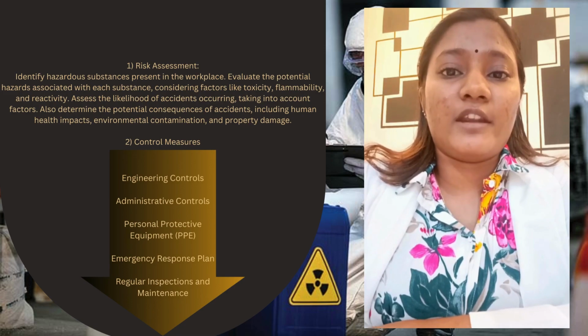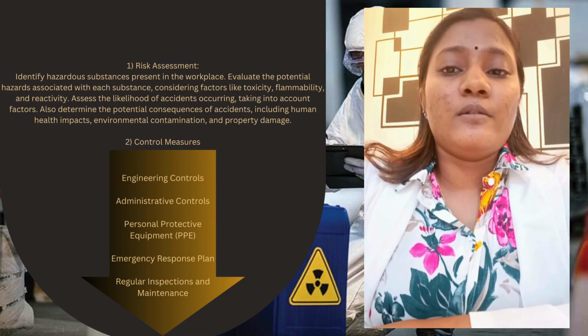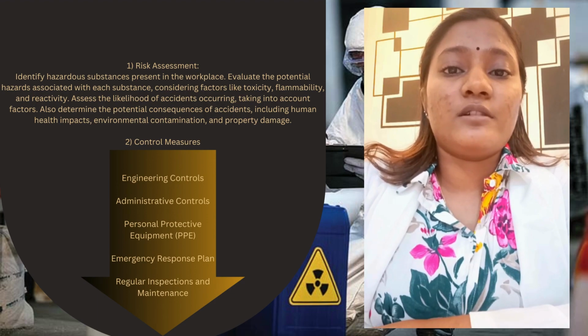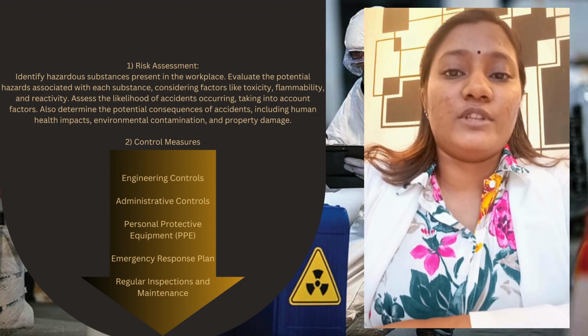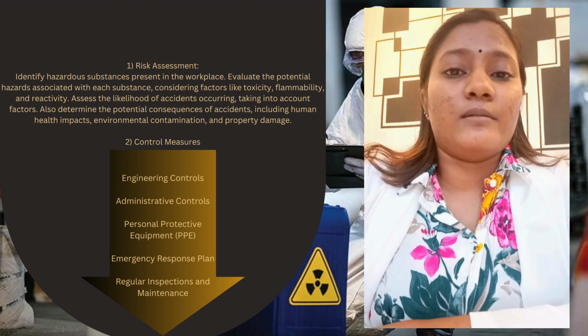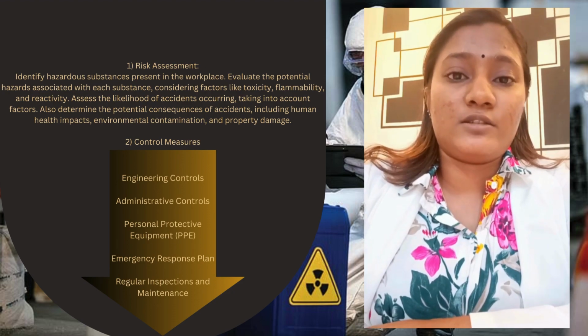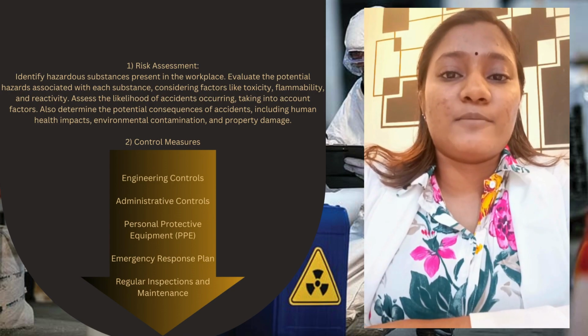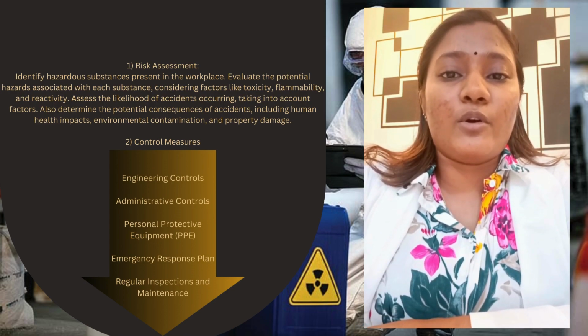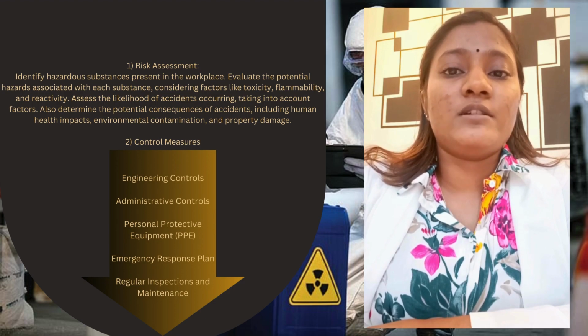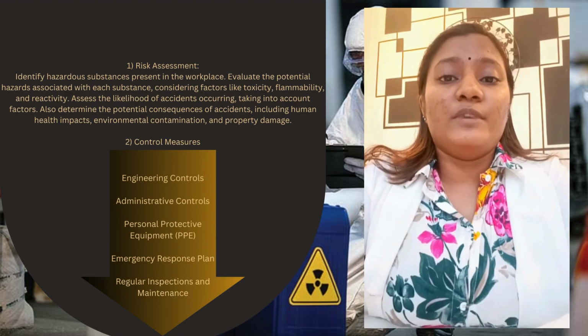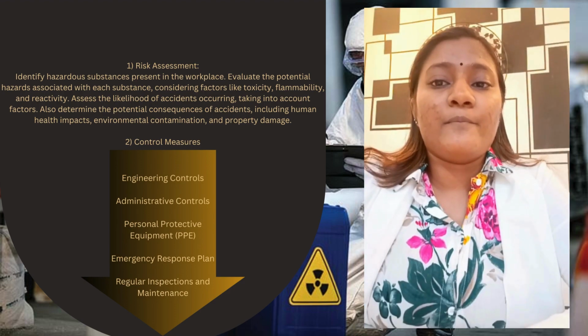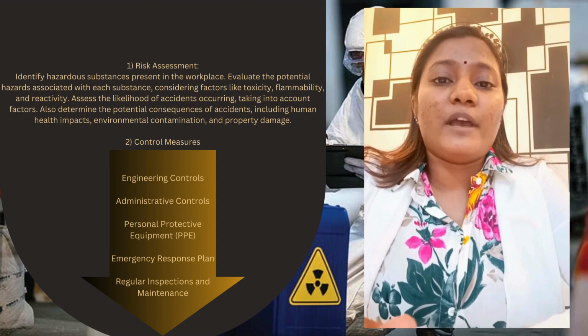Next, administrative control, which will establish clear standard operating procedures, known as SOPs, for handling hazardous substances, including protocols for storage and transportation. Third will be the emergency response plan, which will be developed annually.